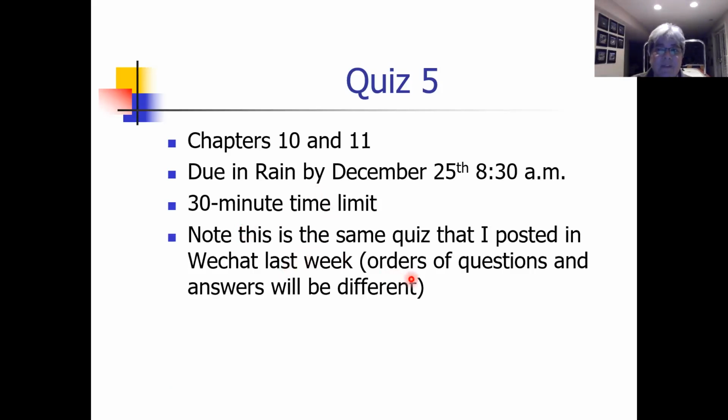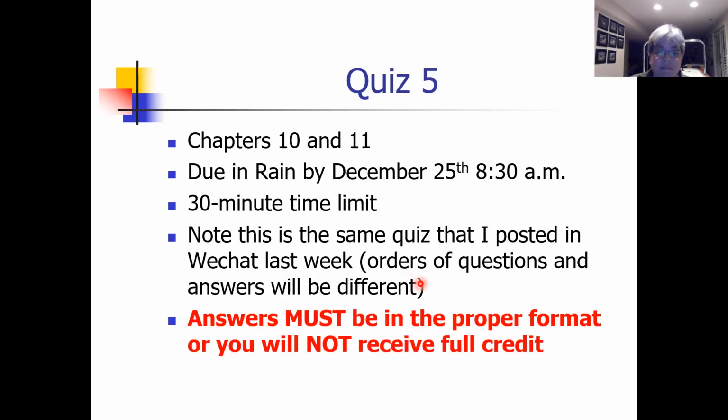Do note that the order that I sent you will not be the order in RAIN. Okay? RAIN will mix up the questions. So the order of the questions will be different. The order of the answers will be different. So you need to pay attention to what you're doing. Okay, but everyone should get a very high grade on this because I've given you the quiz in advance.